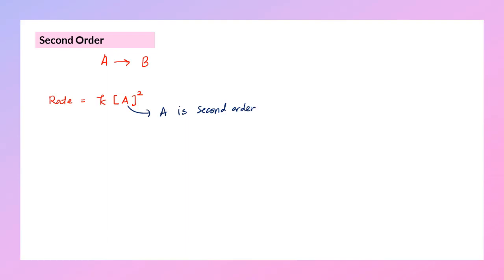What happens to the rate if the concentration of A is doubled? The rate becomes rate equals k, concentration of 2A, to the power of 2.